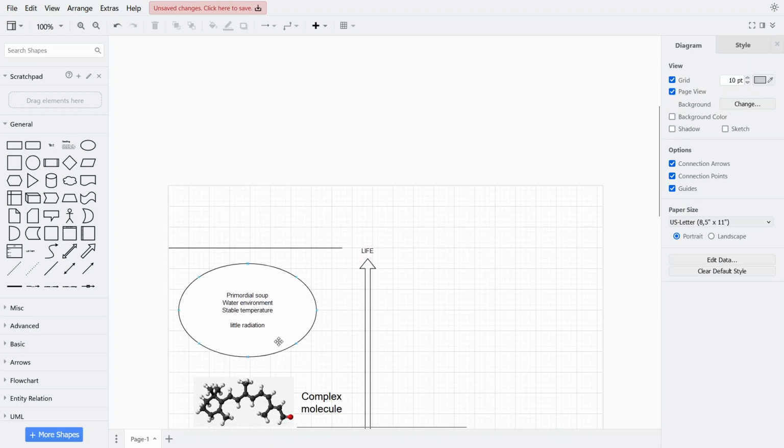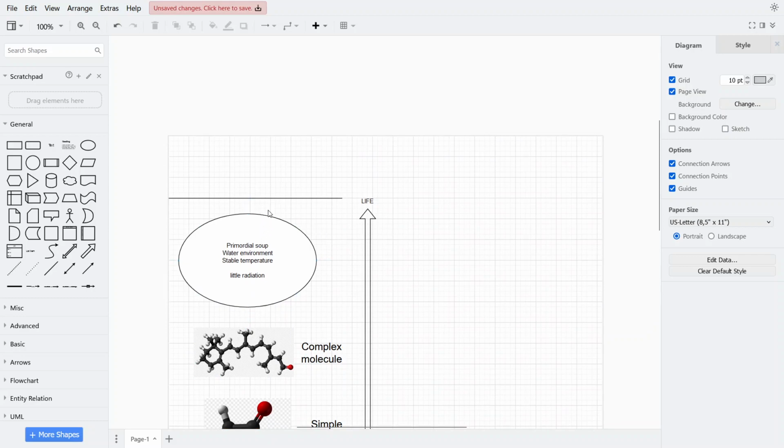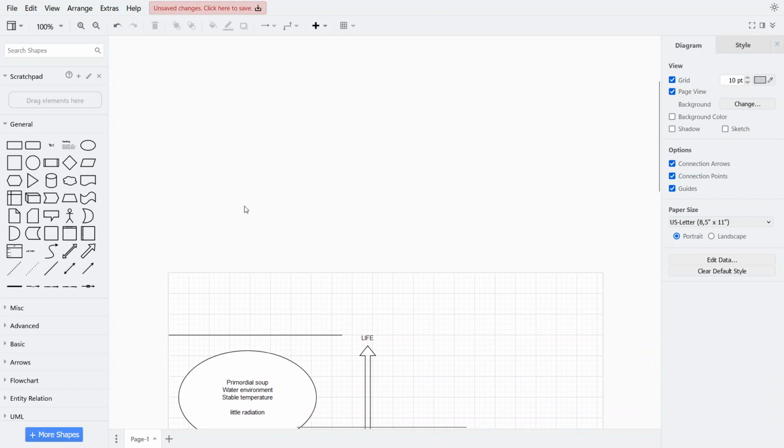So from this point onward, what we have here, but I'll talk in the next video about what is considered life, from this point onward, you would have the tools, the elements and the molecules to basically start life.